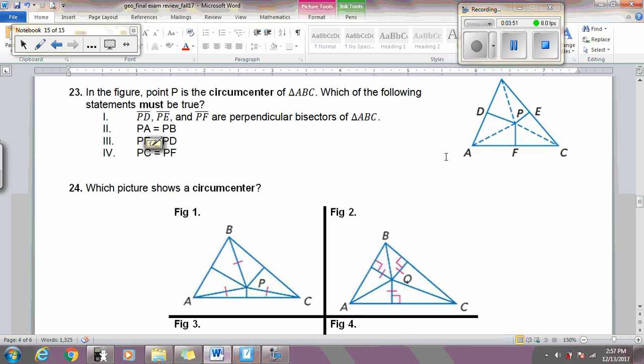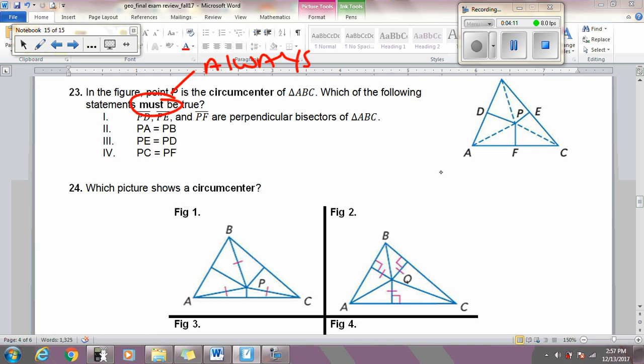In number 23, it says that P is the circumcenter of ABC now. So which of the following must be true? So we're looking for must be. So in other words, it's always, no matter what.